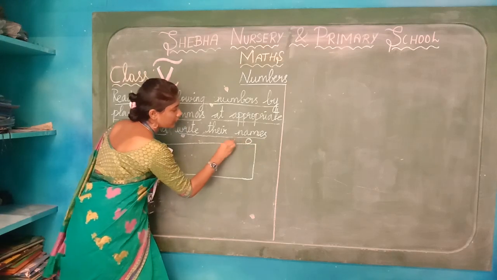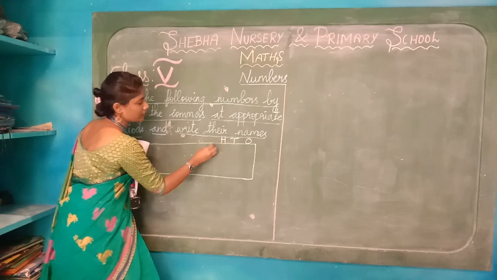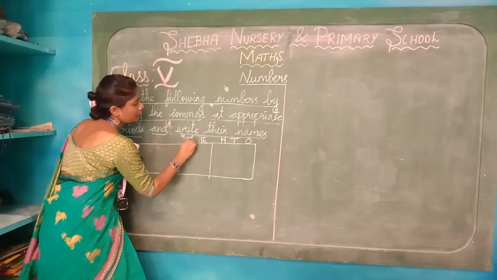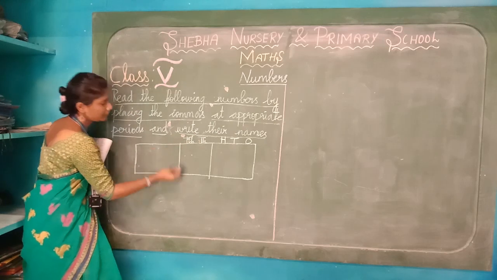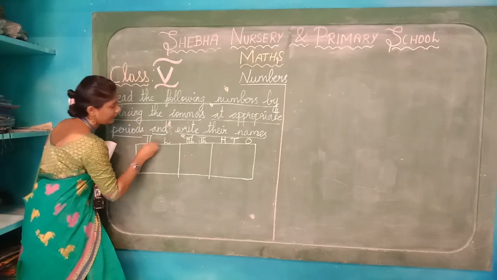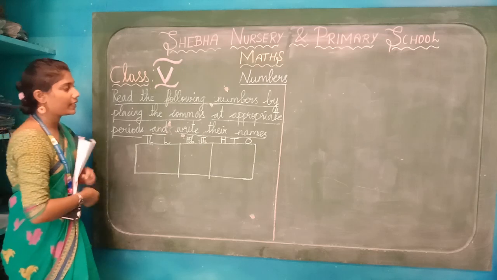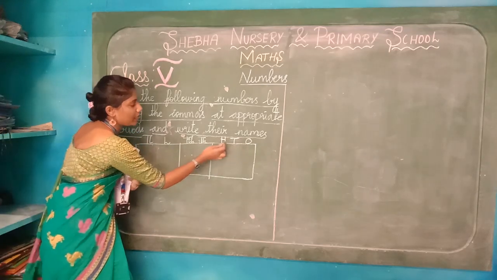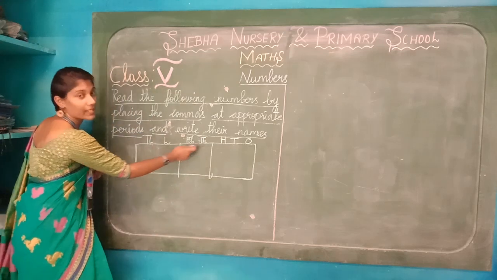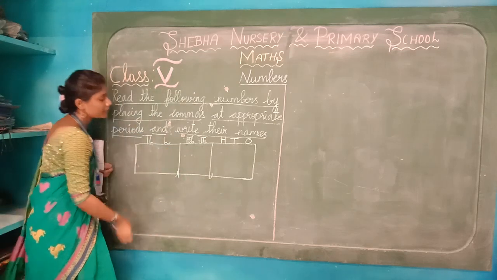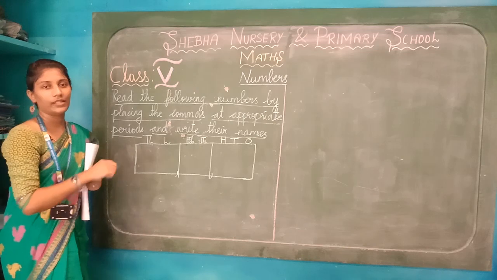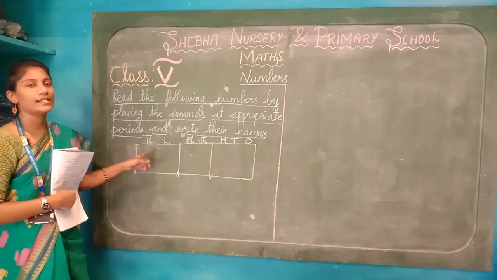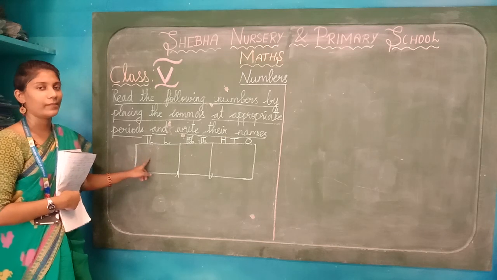Ones, tens, 100 is one period, 1000 and 10,000 is one period, lakh, 10 lakh is one period. Okay children, in each period you have to insert the commas. Okay children, listen to this tabular column carefully.